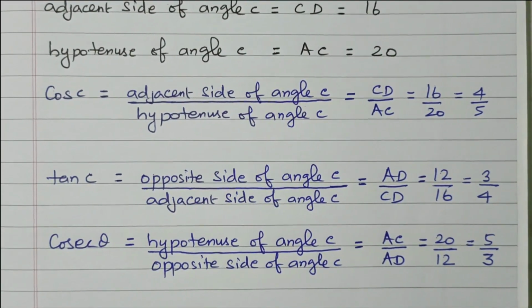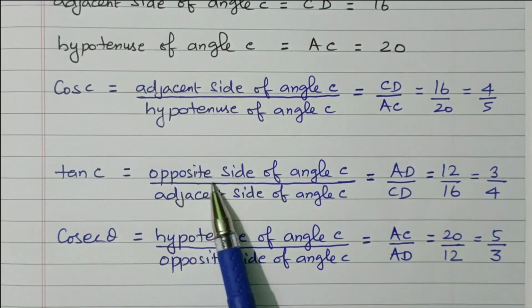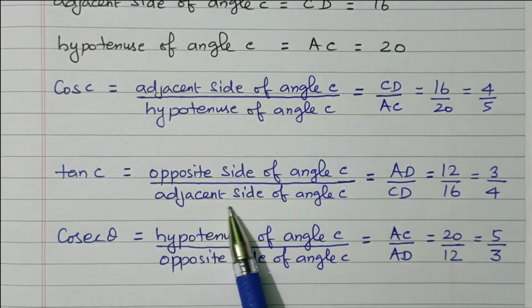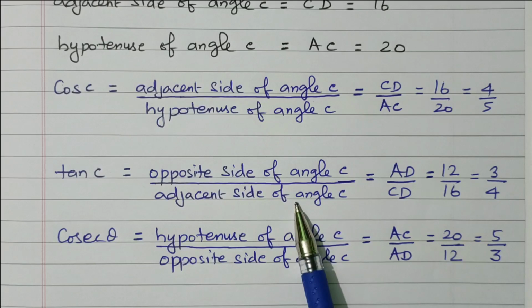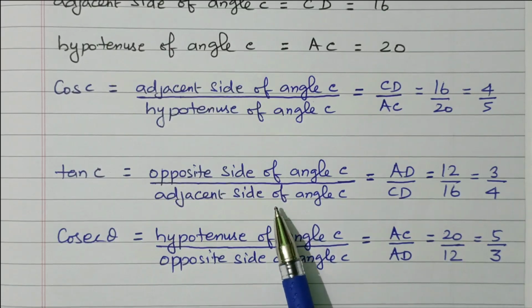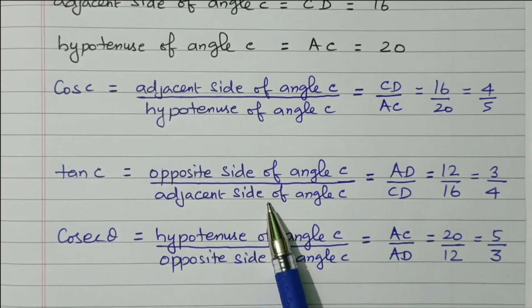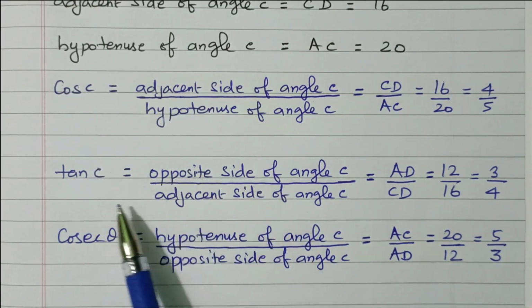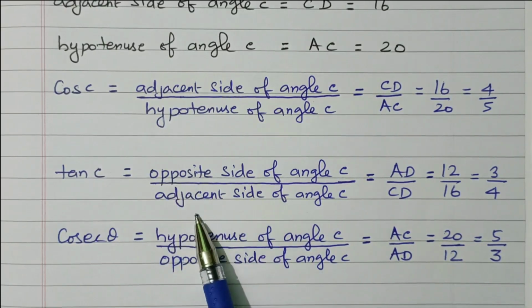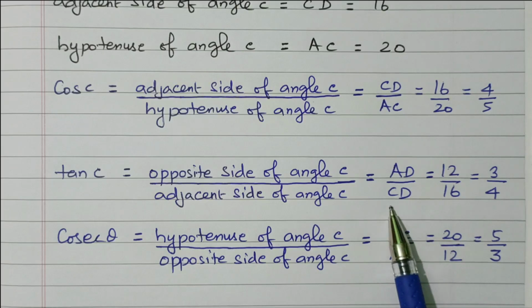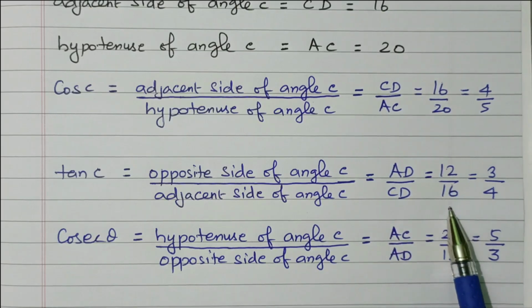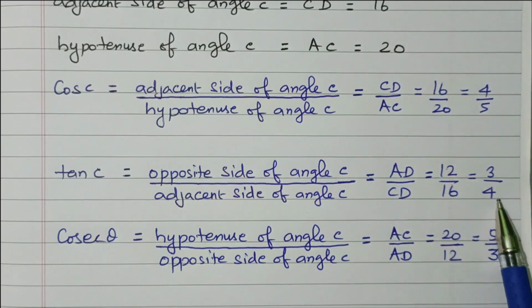Tan C equals opposite side of angle C divided by adjacent side of angle C. This is the reciprocal of cot theta, which we calculated as cot B, adjacent side by opposite side. So tan C is opposite side by adjacent side: AD divided by CD, 12 divided by 16, that is 3 divided by 4.